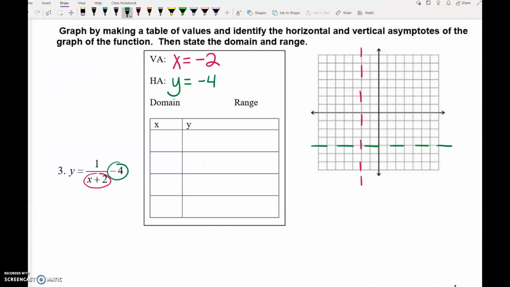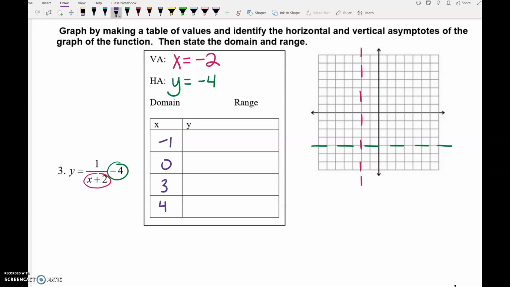So if I go back to this picture, my vertical asymptote is -2, so I'm going to pick -1 and 0. -1 and 0 are the x values on the right side of that asymptote. I'm also going to pick -3 and -4.